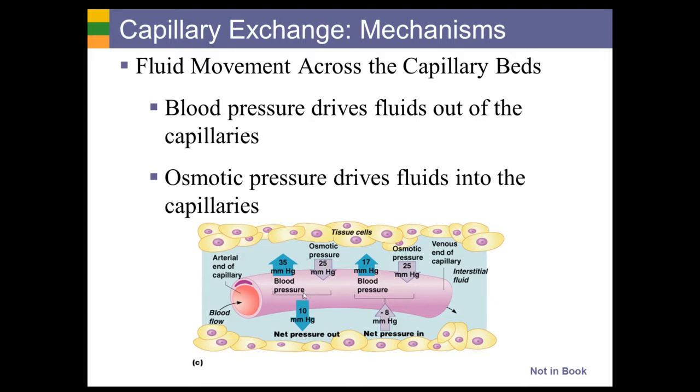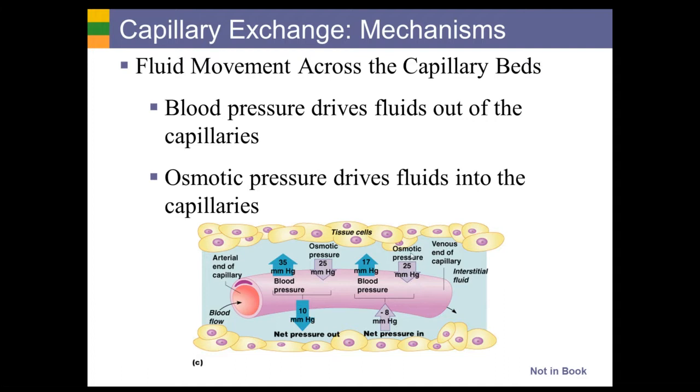Now, let's look at what happens to blood pressure as we move from the arterial side to the venular side. It decreases to 17 millimeters of mercury on the venular side. Osmotic pressure stays the same.